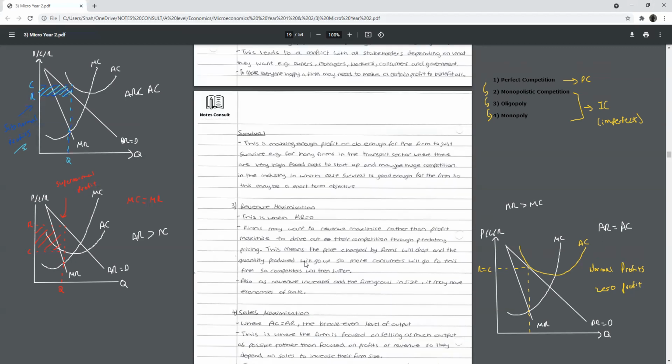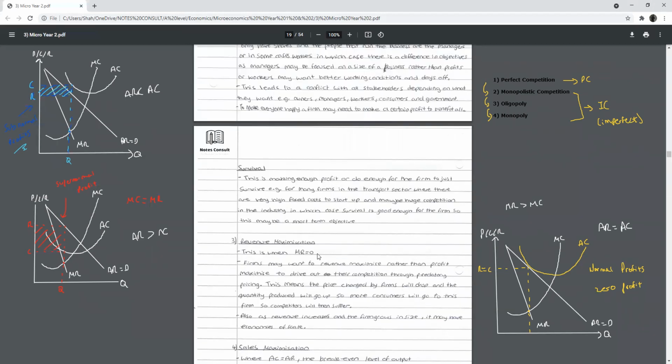So how do I represent MR equal to 0 on a graph like this? Just make sure you look back at the video and get these graphs noted down. It's very important that you know them. How do I show revenue maximization on an imperfect competition graph?